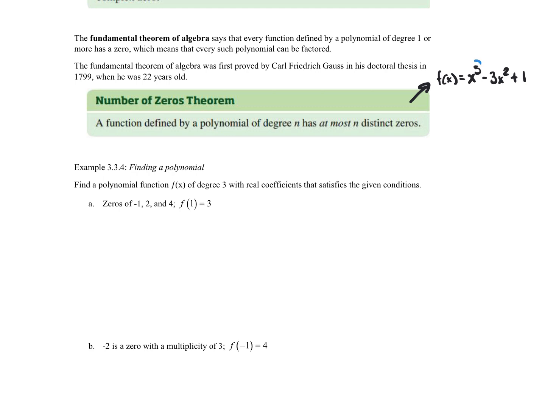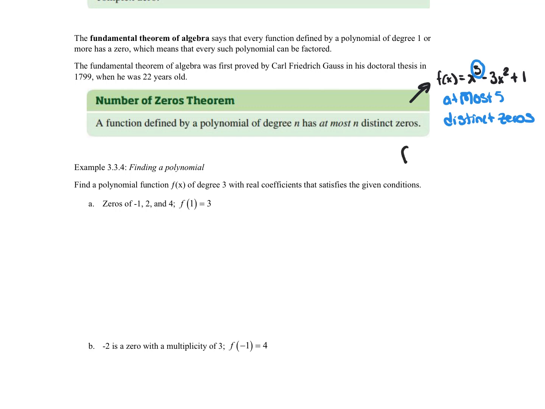This thing's degree is 5, so there's at most 5 distinct zeros. So what that means is there are definitely 5 zeros we have to count for, but they could be 5 distinctly different ones, or some of them might count more than once, but we have to account for all 5.